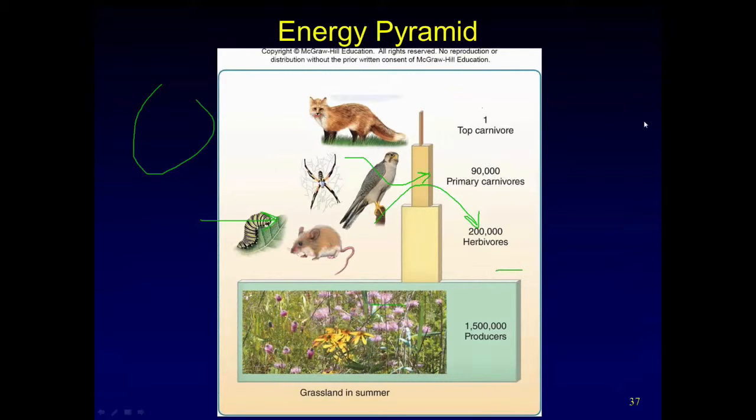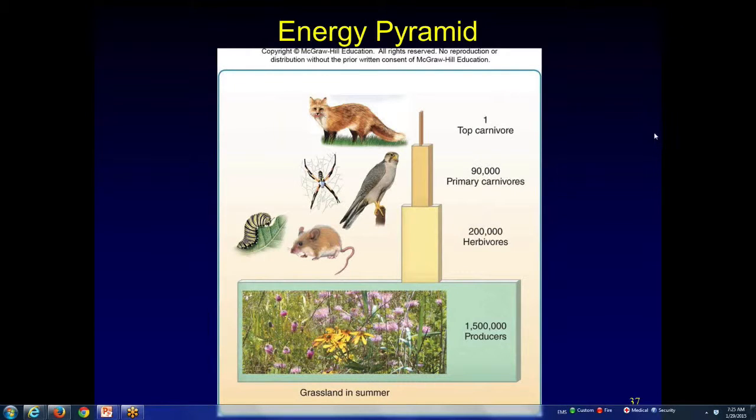Again, this is showing you the actual numbers now, population numbers. So we have 1.5 million producers in this particular ecosystem in the summertime. That translates to 200,000 herbivores, including things like caterpillars and mice. And then that translates into 90,000 primary carnivores, and that then boils down to only one top carnivore or one species.